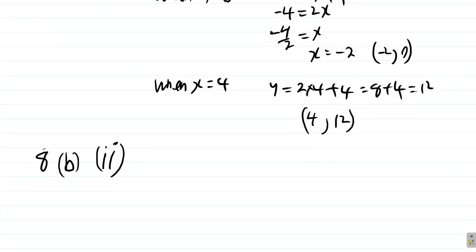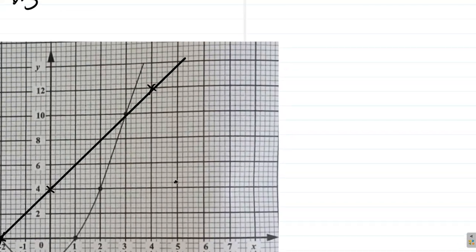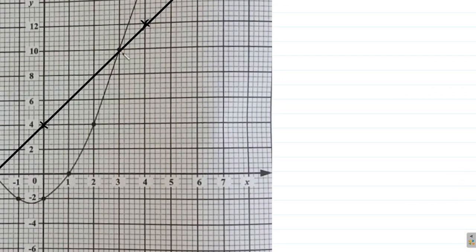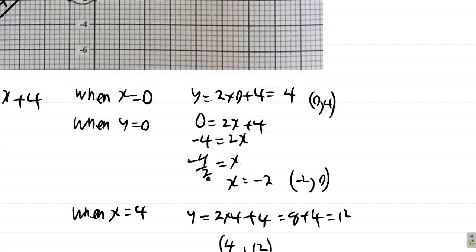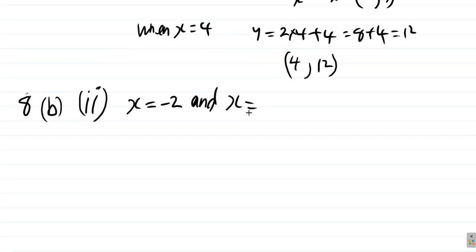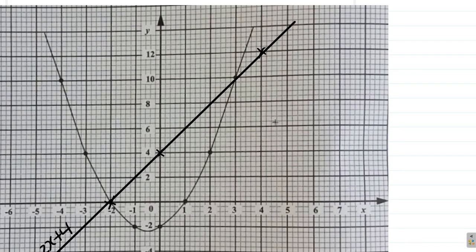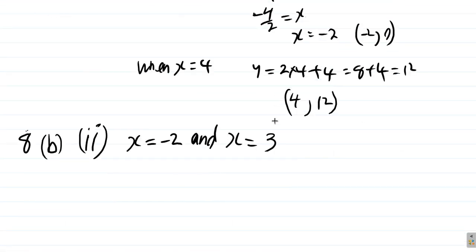We have x equals -2 and x equals 3, because that's where they intersect again. Alright, -2 and 3, those would be where they intersect.